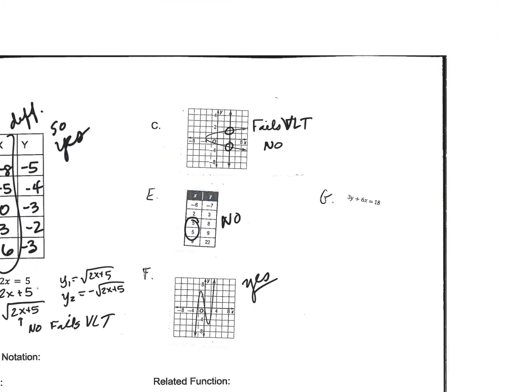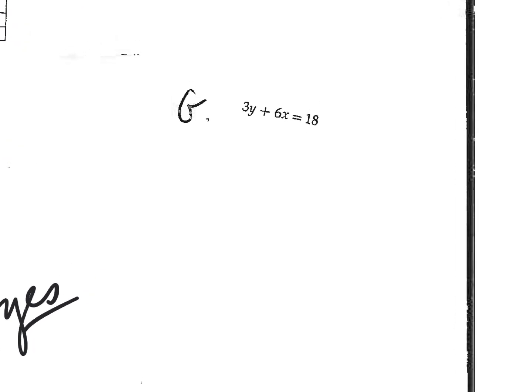Do we have a G? Oh, there's G. Okay, so solve it for y. Divide by 3. What would that graph as? You don't need to put it on your calculator. What would it graph as? Y equals what?